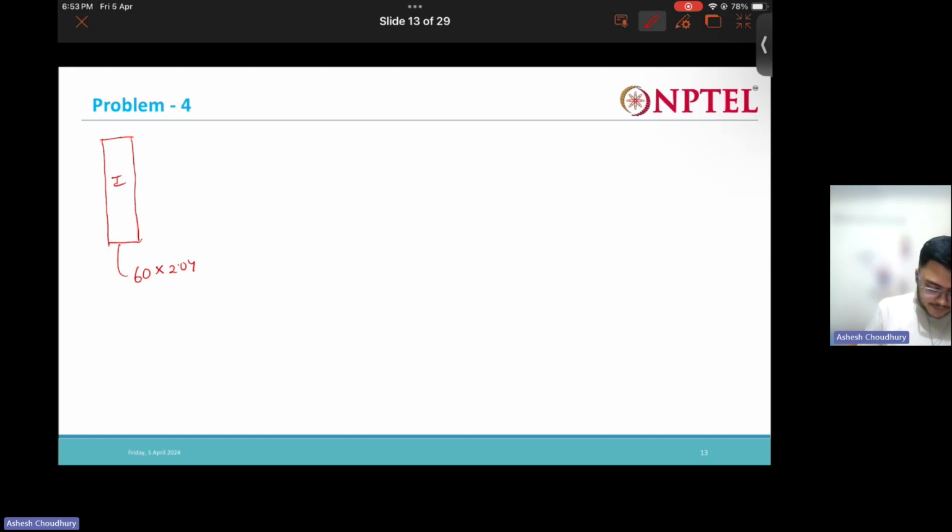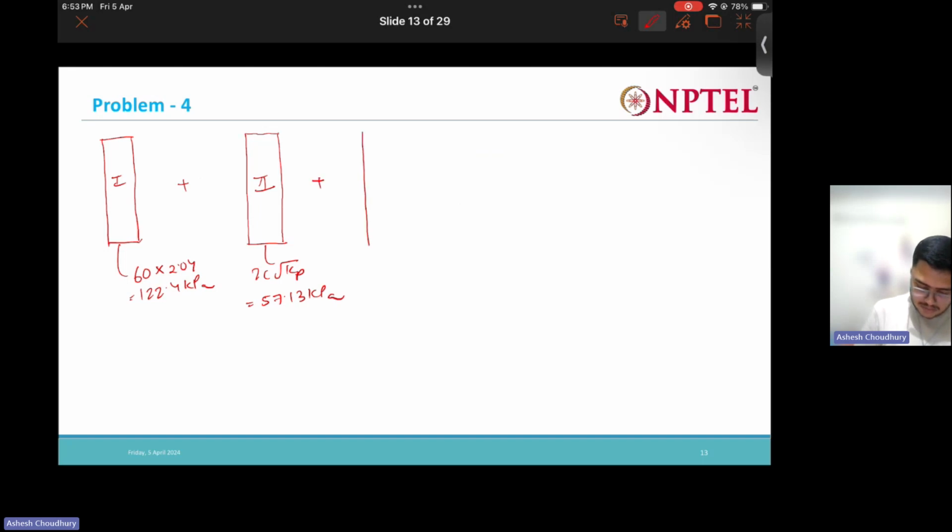Okay, all right. Next we can write this part, twice c root Kp. It is also constant all throughout the height, right? This is twice c root Kp, and then last we can have this variation.